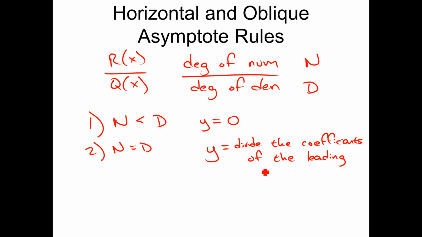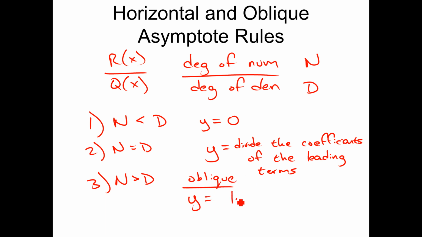Divide the coefficients of the leading terms. And lastly, if the numerator is bigger than the denominator, the degree, then we're going to have an oblique. It's the only case you'll have an oblique at y equals the long division. Just write that down, that'll make sense in a second.